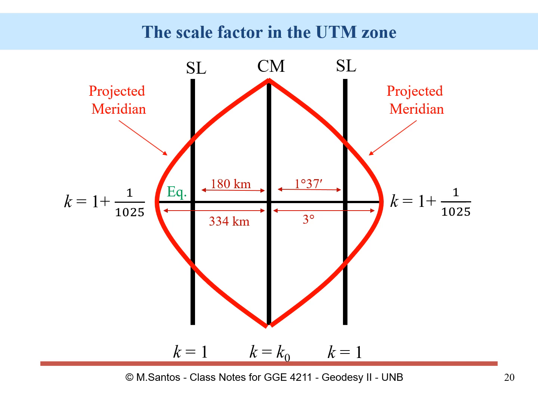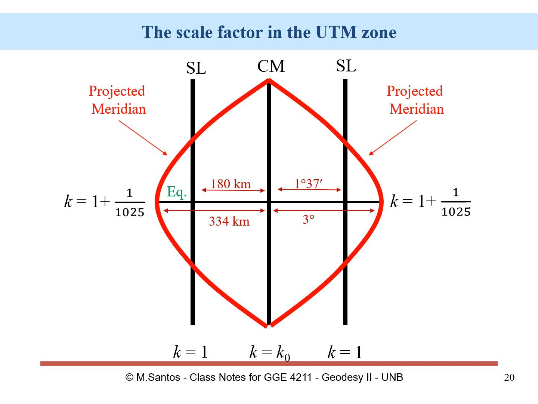And at the very end, along the meridians intercepting the equator, we have the largest scale amplification, which is 1 plus 1 over 1025, which is essentially 1.001.